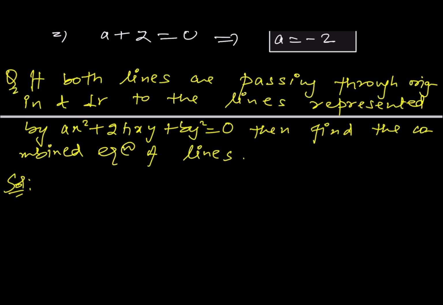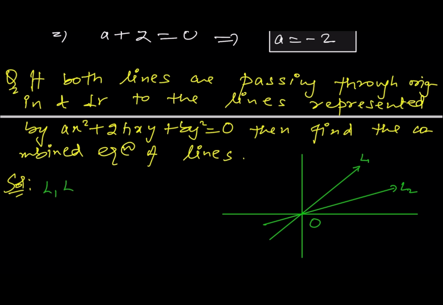Say this is the given pair, marked by green lines, and this L1 L2 is equal to 0, which implies ax square plus 2hxy plus by square.